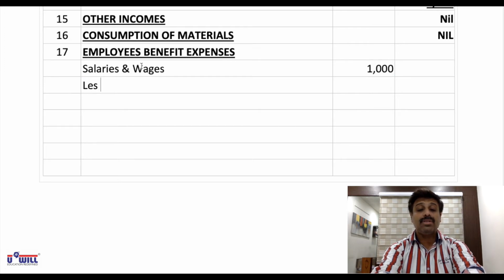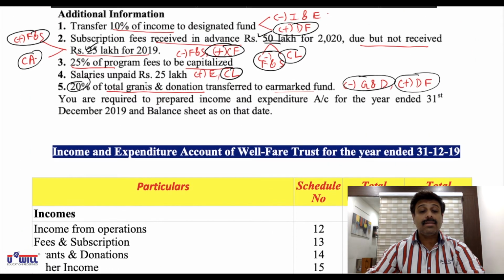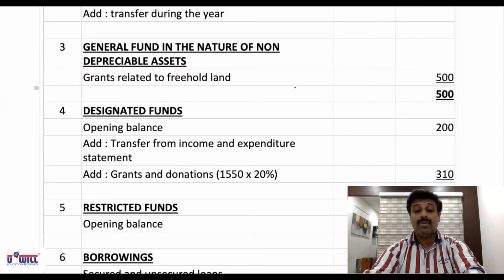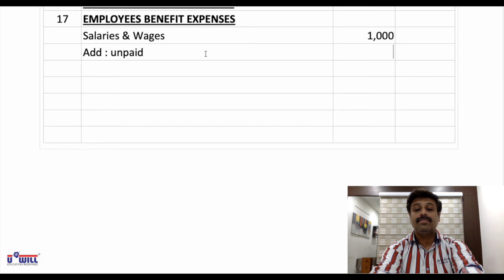Now from that we have to subtract or add. Adjustment is there, salaries and wages. Fourth adjustment, unpaid, so we have to add in employees benefit. Okay, unpaid of 25 lakhs, we have to add. So add unpaid 25 lakhs. Outer column 1025.